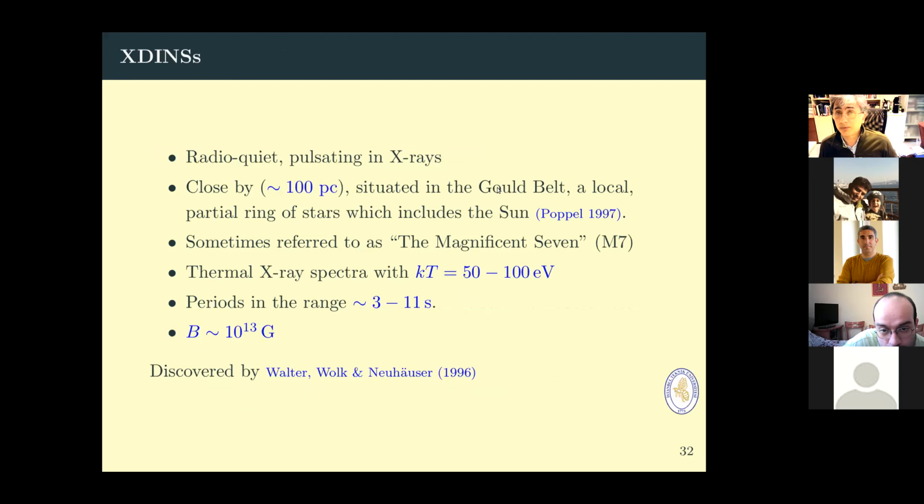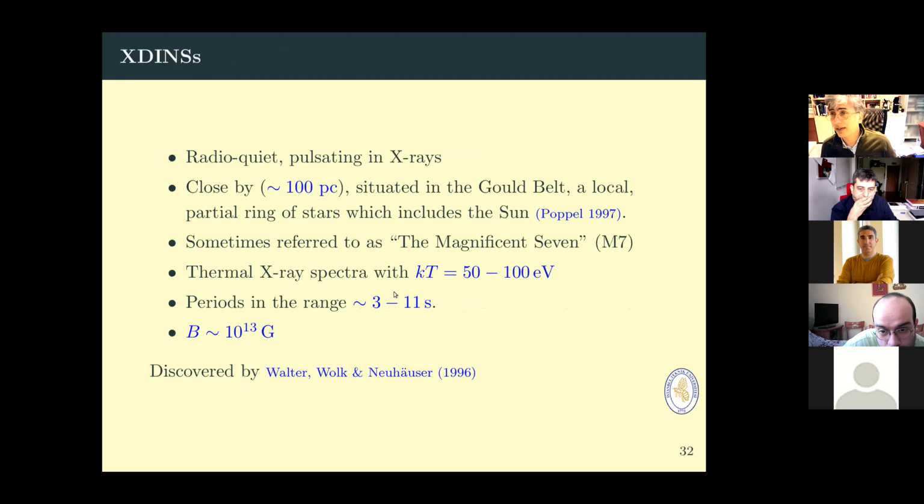Another group of objects possibly related to the magnetars are the radio-quiet X-ray dim isolated neutron stars. They show pulsation in X-rays.